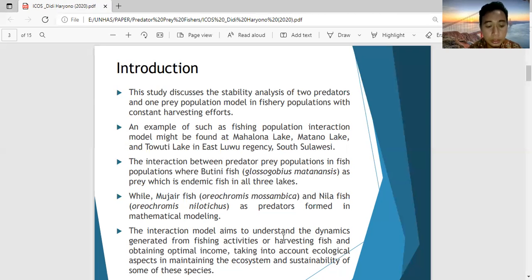As an example, a fishing population interaction model where butini fish is the prey, which is an endemic fish, while munjair fish and nila fish are the predators, formulated in mathematical modeling.